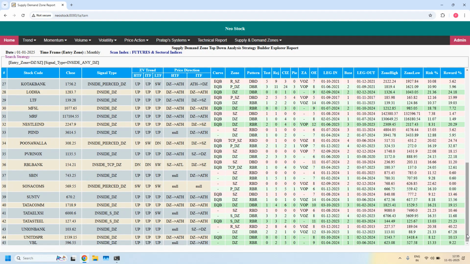So total 45 stocks are filtered. This list includes pierced zones. Out of these 45, how many of these monthly demand zones are having EMA confluence? Let us filter.